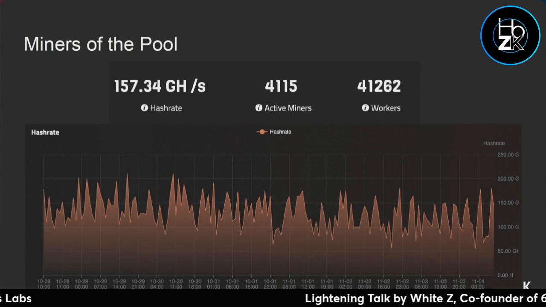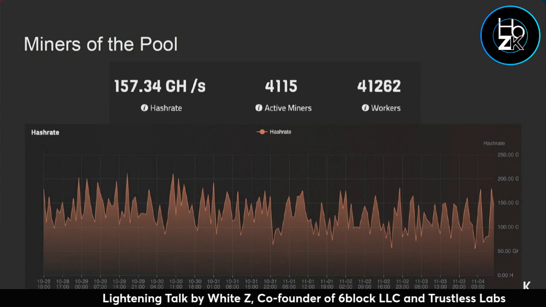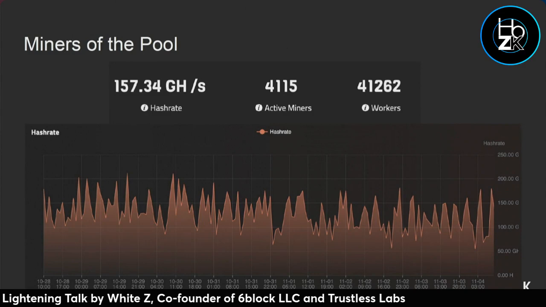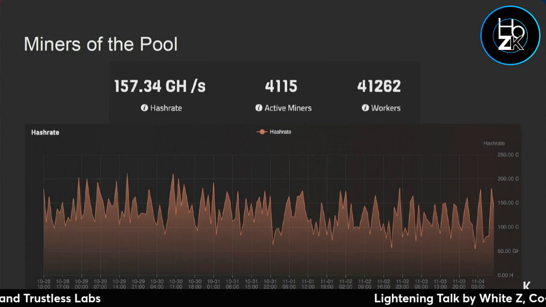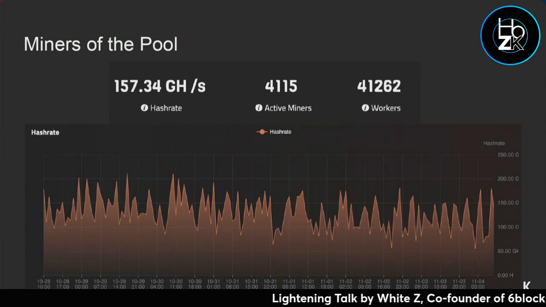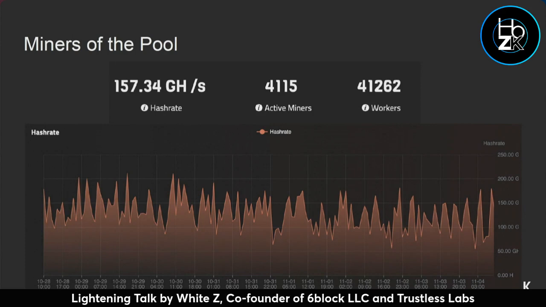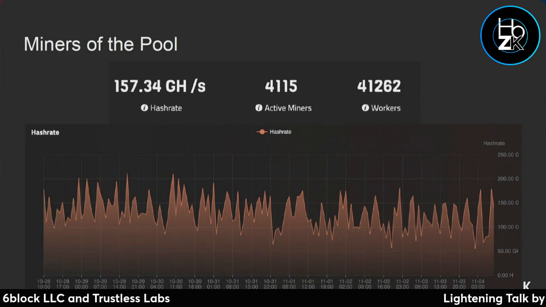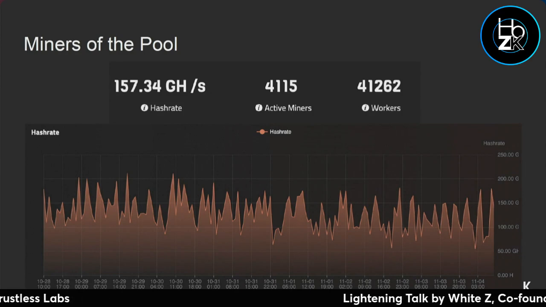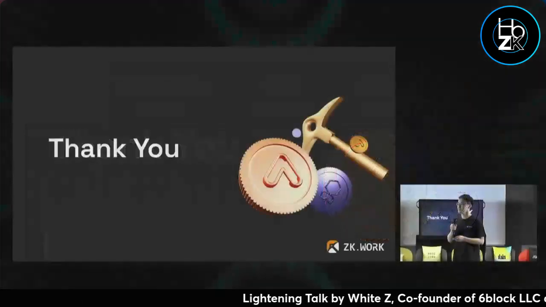Each worker may have 2 to 8 GPUs. So right now I think there are more than 100,000 GPUs in our mining pool. That's a big number. I can also tell you that maybe 60% of the 100,000 GPUs are from Russia, 30% are from China, and the remaining 10% are from other countries all over the world. Okay, thank you.